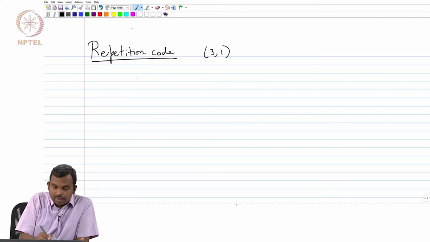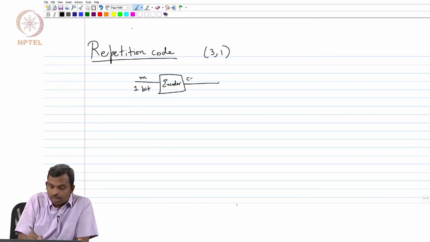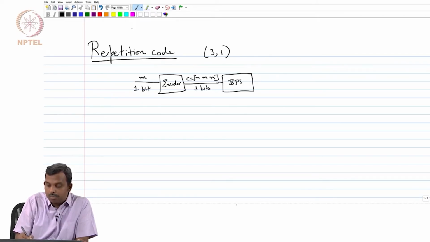So how does this work? Once again, you have a message bit M. Okay, it goes through the encoder. You produce a code word which is M. Okay, so this is 3 bits. Then you do BPSK.